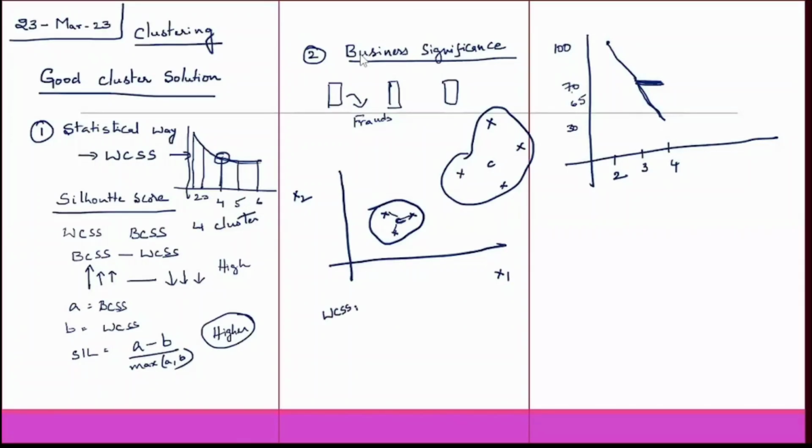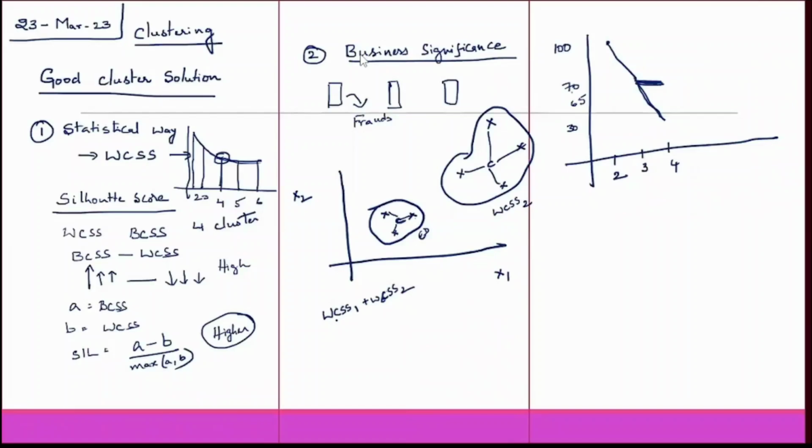I can find out the Euclidean distance between C and X, C and X, C and X. I can find out the Euclidean distance between the center and the observations, which is WCSS1. Similarly, I'll get the WCSS2, right? So these two put together, and probably I'll take the average distance.